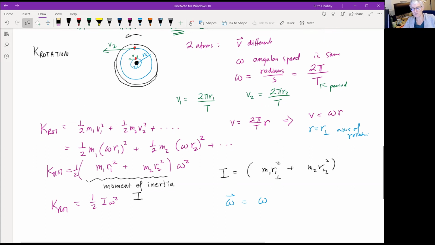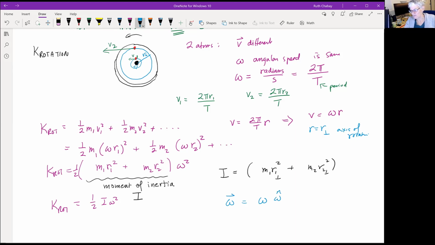By convention, you take your right hand and curl your fingers around in the direction of rotation, and then your thumb sticks up in the direction of angular velocity, omega hat.